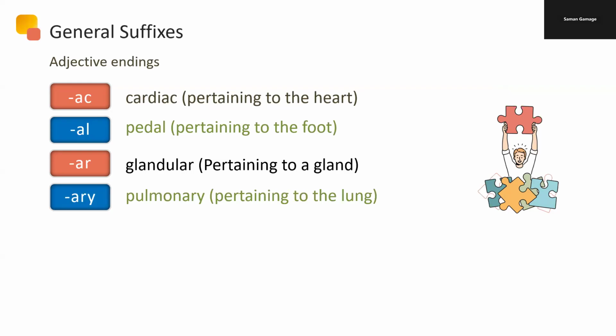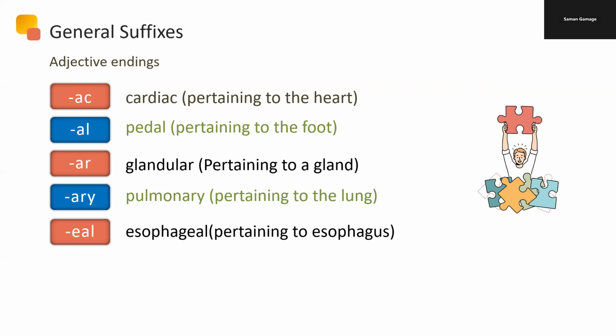Ary, again pertaining to, pulmonary, pertaining to the lung. Al, again gives the meaning pertaining to, esophageal, means pertaining to esophagus. Ic means pertaining to, toxic, pertaining to a poison.